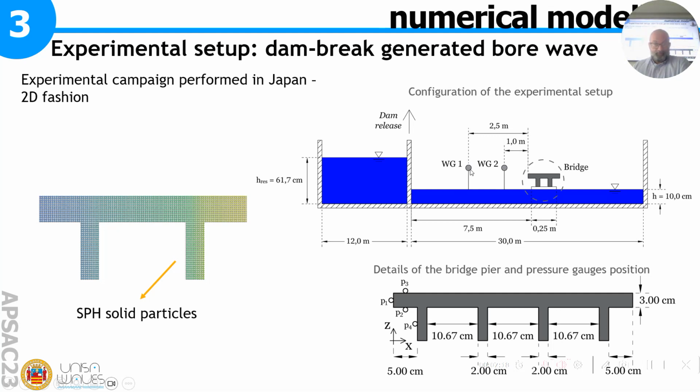We have time histories of water stages over this section, WG1 and WG2, and time histories of pressure over the bridge. As you can see, P1, P2, P3, and P4 are the local probes over which the previous authors have measured time histories of pressures.